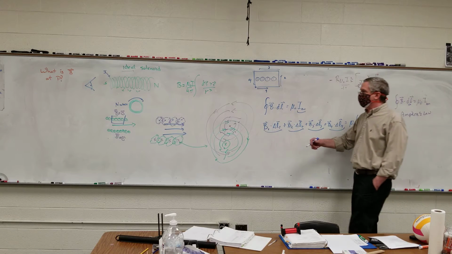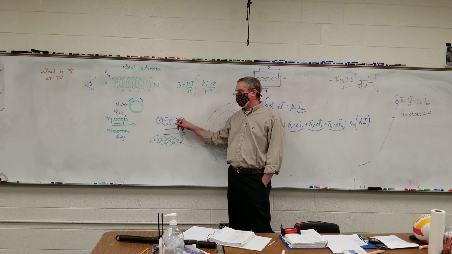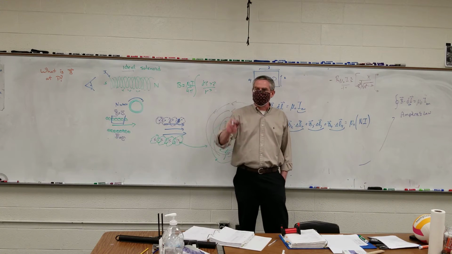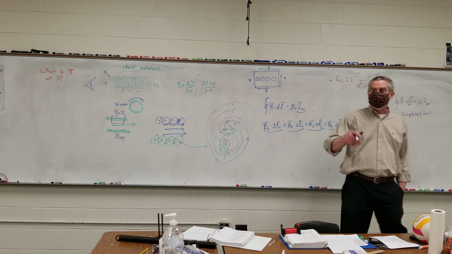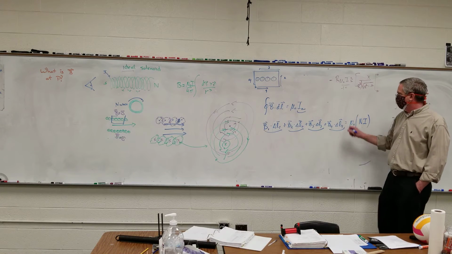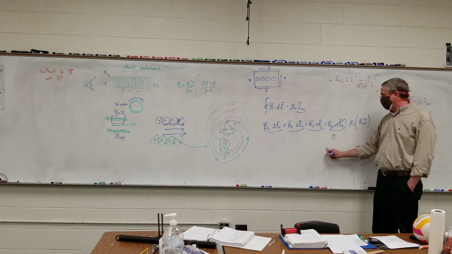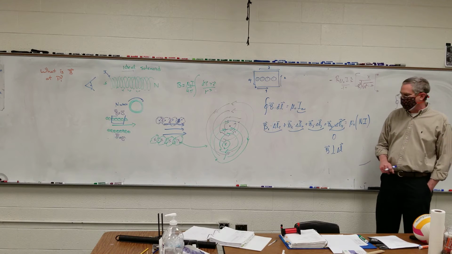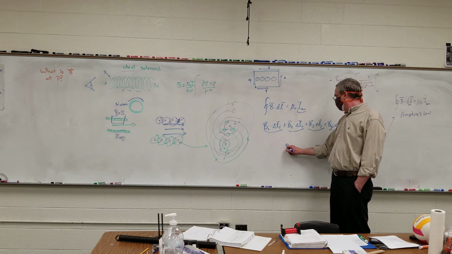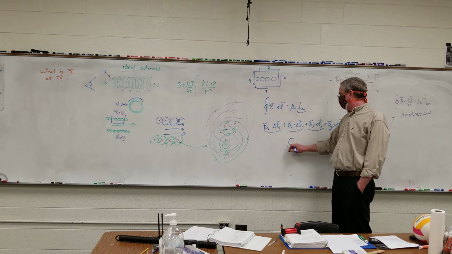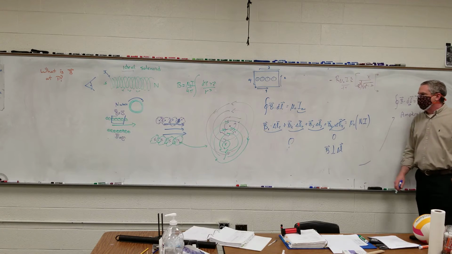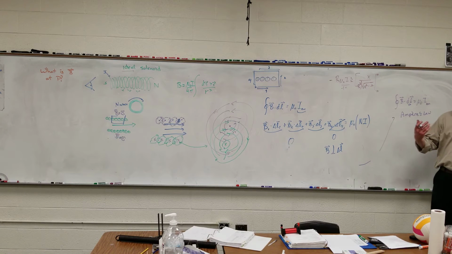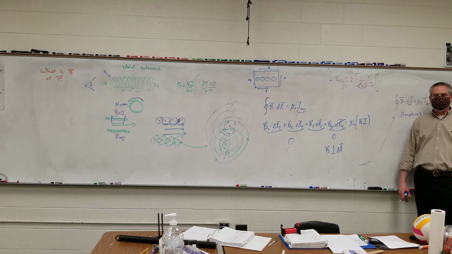But more generally, exactly what Austin just said, this would be 0 because my magnetic field is perpendicular to my line. So that's 0 for the same reason. We got rid of 2/5 of the problem already.